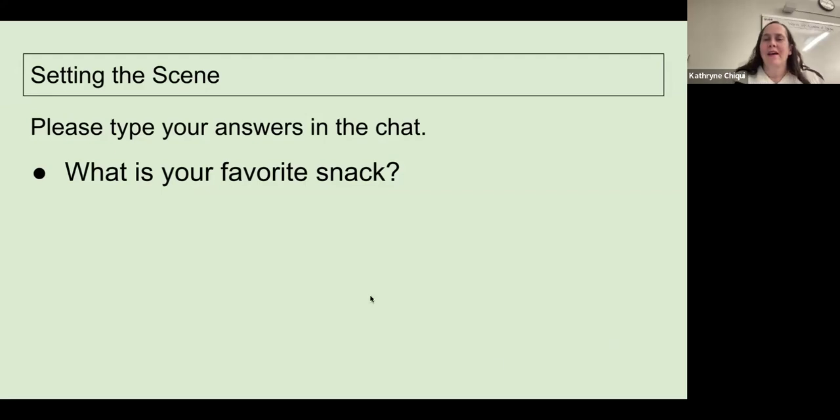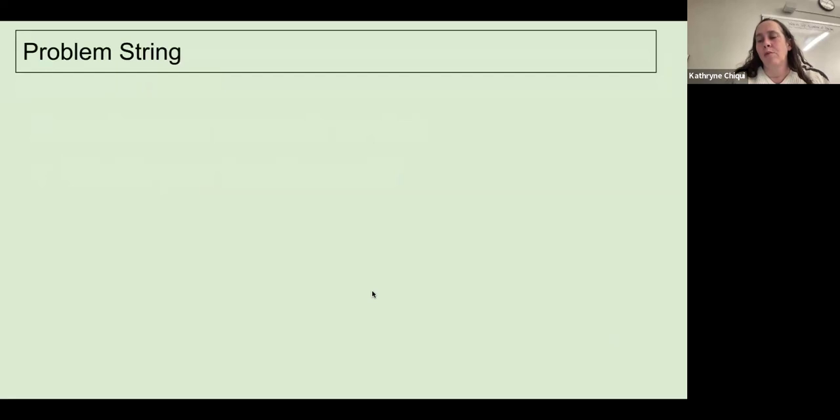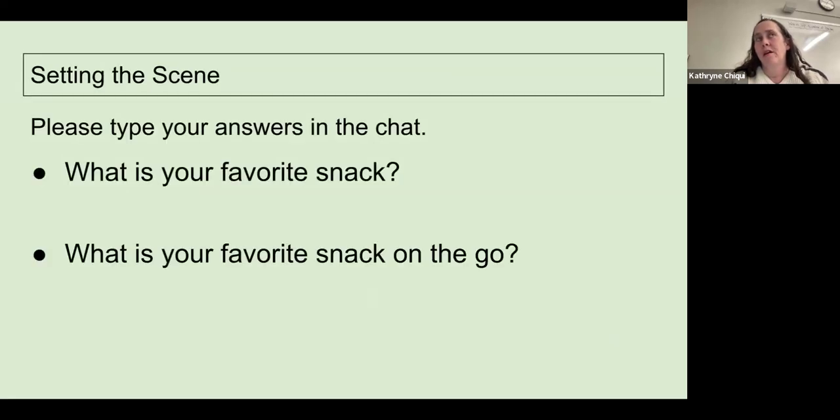All right. Now, does your snack change if you were, let's say, going on a road trip? What is your favorite snack for on the go now? Very specifically, not necessarily you're sitting at a desk eating anything, but maybe you're in the car, something where you're on the go. Love it. Doesn't change. Okay, Sarah.